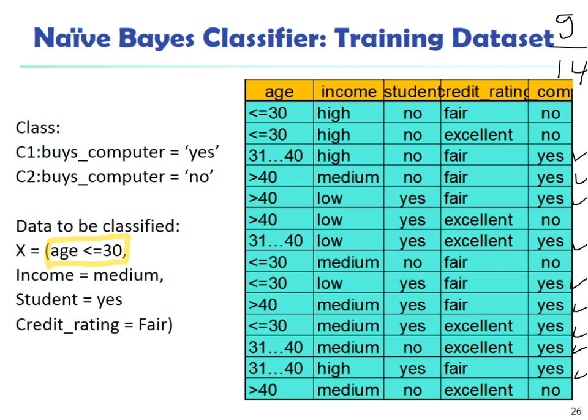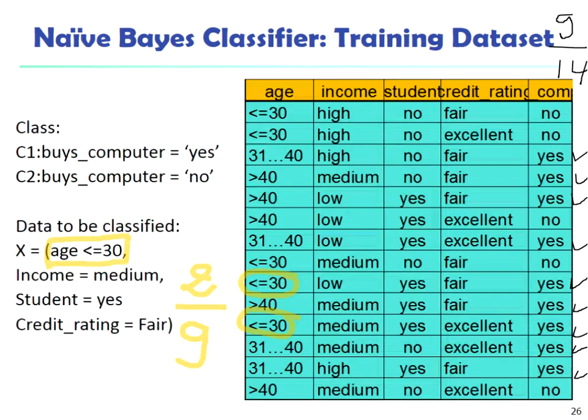Here in yes, we have this one and this one. So the probability is 2 divided by 9. Why 9 and not 14 here? Because we have 9 yes.